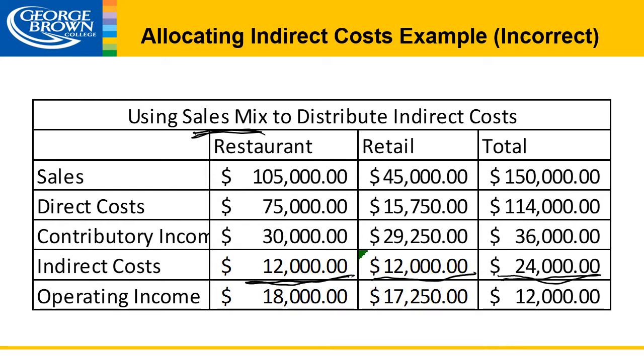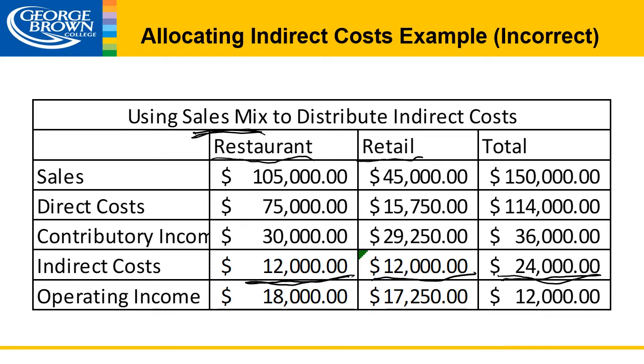What we're doing here is just allocating it in half to both our restaurant and our retail store. This 24,000 can represent, we'll call it, rent. So we rent a giant building, and half of our building is the restaurant, and the other half is the retail store for canned products, things like that, soups, sauces.